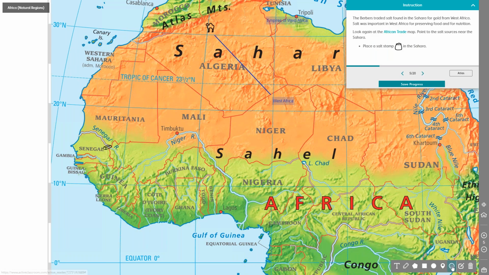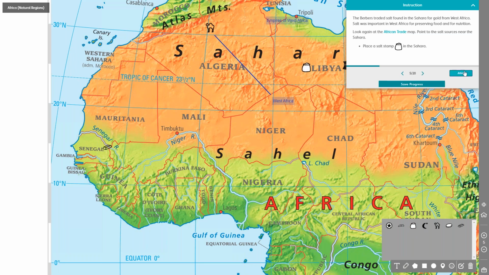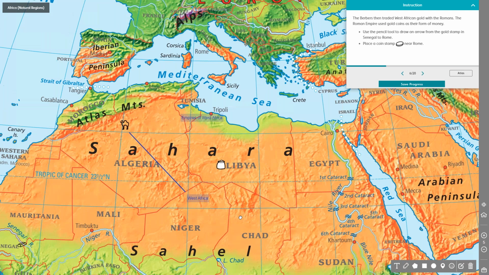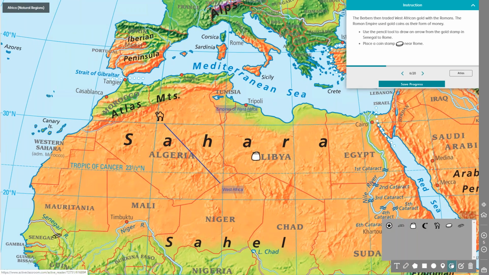Salt in the Sahara. So this is giving me a chance as a student to go through and understand where these things were and to place them, and then to establish the relationships between them. So I'm going to close this out now. I need to put a coin up here near Rome. So I get my stamp, go to my coin, put the coin up here in Rome.